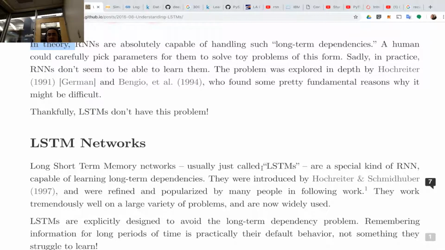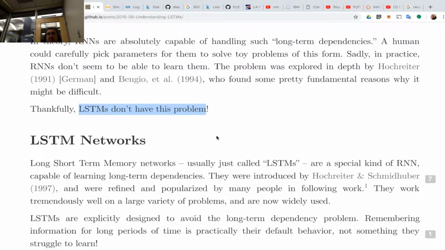So this is why we use LSTM, to solve this problem, right? Because LSTM doesn't have the problem when the gap is growing, right?